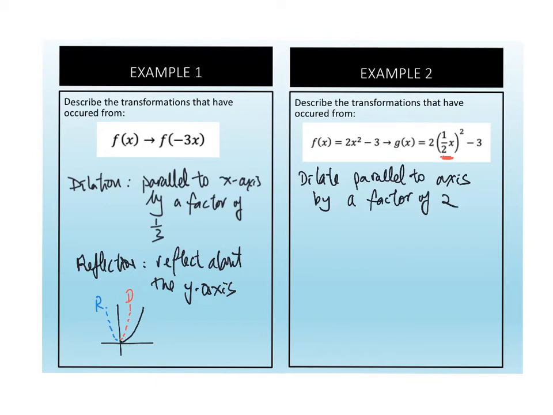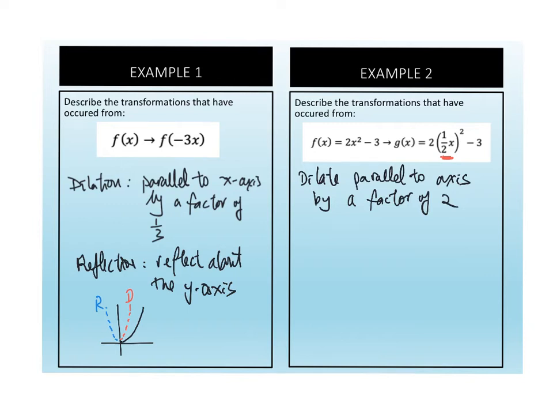Why wouldn't it be a factor of 4, since this goes from 2x squared? We are not looking at the square. We are looking at whatever happens inside. Don't look at the square outside. You are still using the same parabola, but then you are applying a dilation factor.